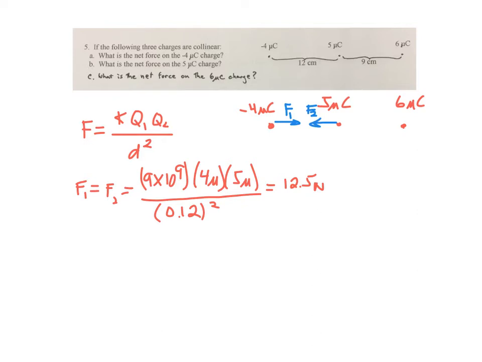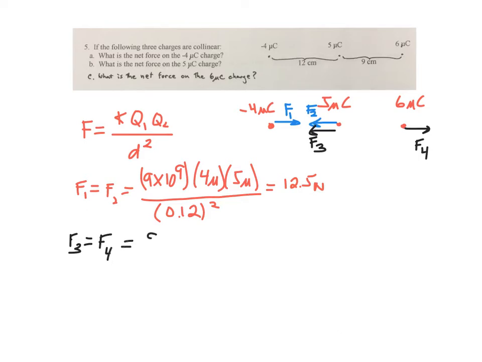All right, now let's look at the last two, the 5 and the 6 microcoulomb charge. So we're going to ignore the -4 for the time being. I'll use a different color. The 5 and the 6 repel each other. So I can show that by, let's call this F sub 3, F sub 4. They repel each other because they are like charges. They're both positive. And I can calculate F sub 3 and F sub 4.